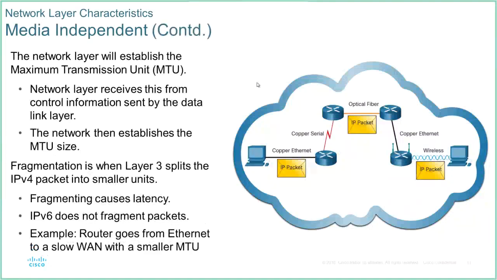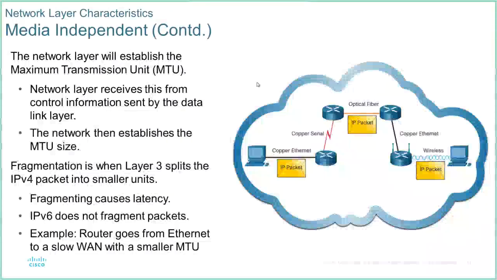So we do have a maximum transmission unit for IP, and it's basically 1500 bytes as a rule of thumb. And what that means is that's how much data it can take. Okay, so what happens if we have something that's above the maximum transmission size?